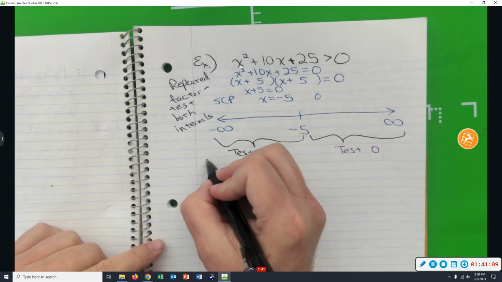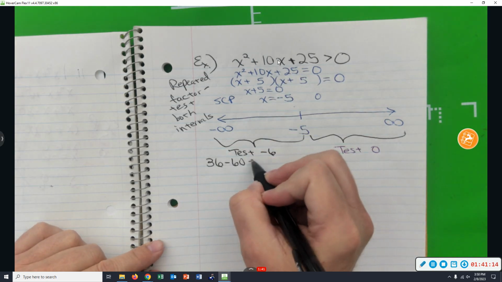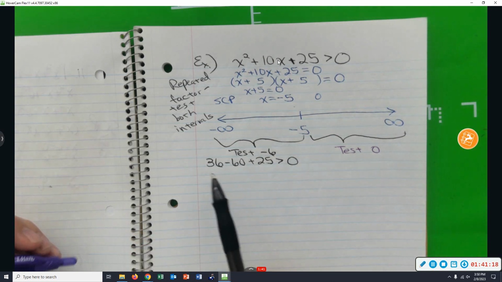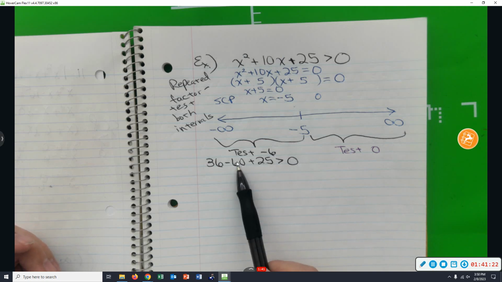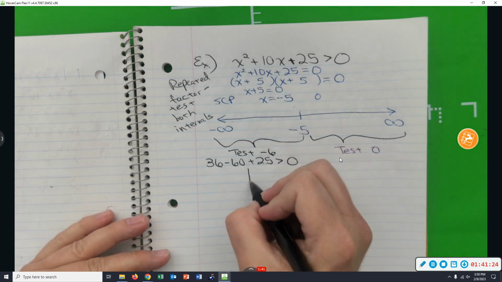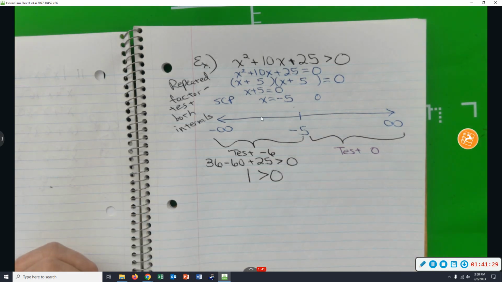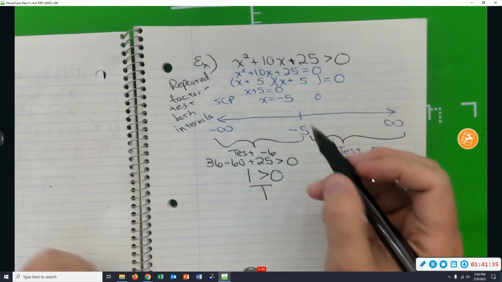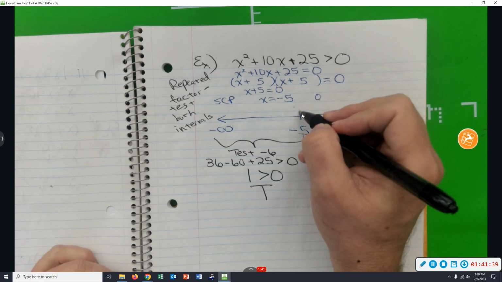-6 squared, that's a 36 minus 60 plus 25 is greater than 0. What is that? 61 minus 60. I'm getting a positive 1 is greater than 0. True or false? 1 is bigger than 0. True. So, by the way, I forgot to ask, what do I do at -5? Oh, I did. I said open.